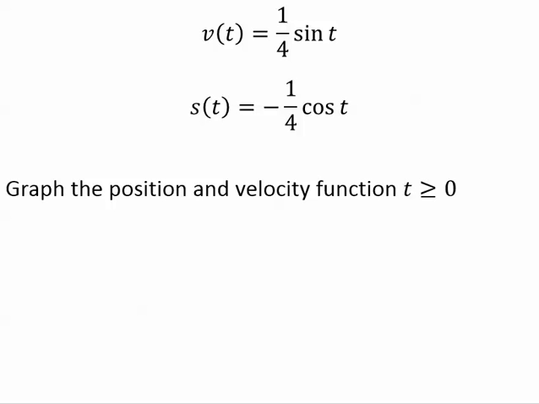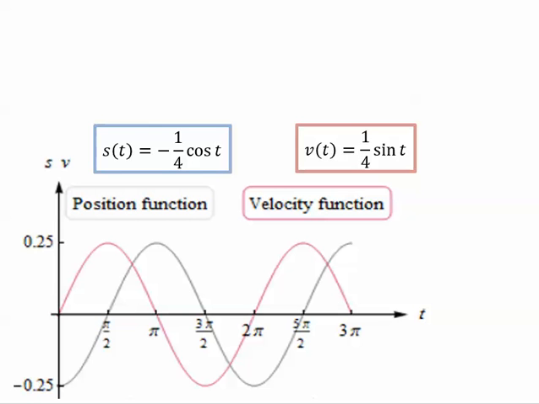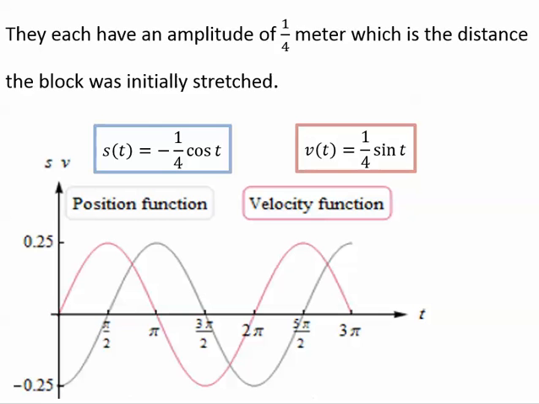Let's graph both the position and the velocity function on the same t-axes. My position function, -1/4 cosine t, is given in blue. My velocity function is given in pink. Notice that they each have an amplitude of 1/4 of a meter, which is the distance the block was initially stretched.